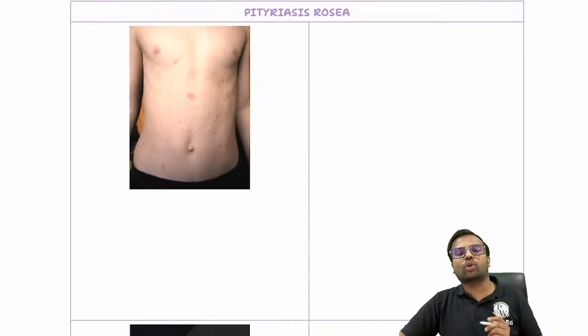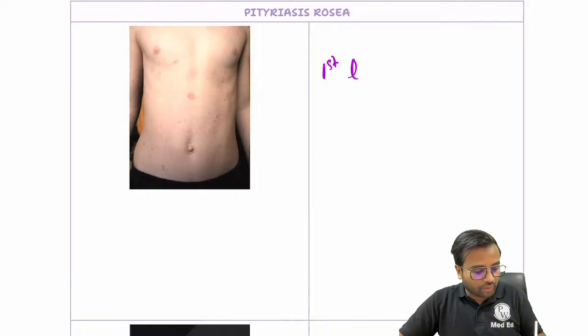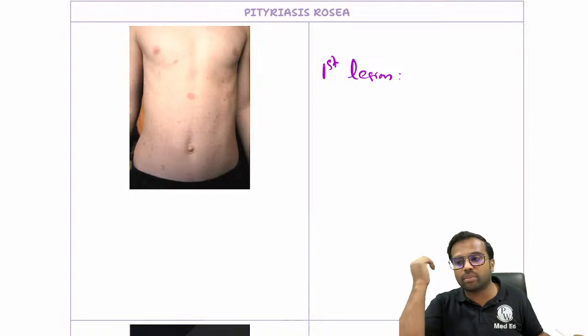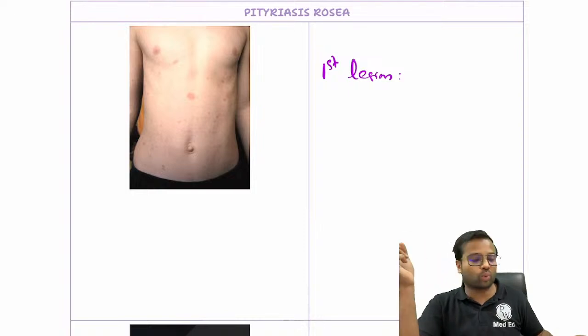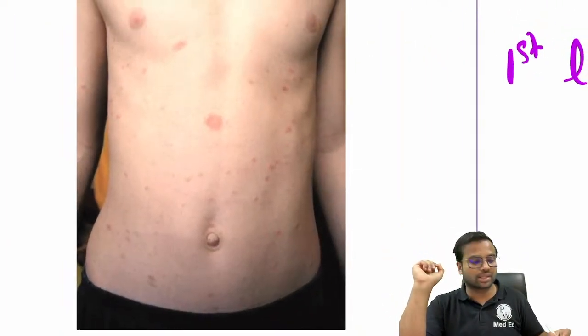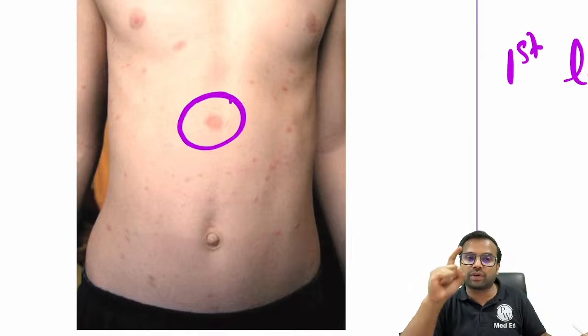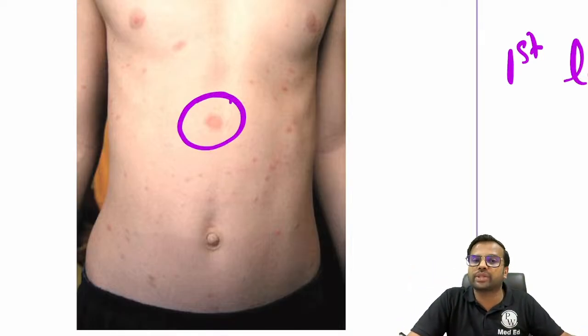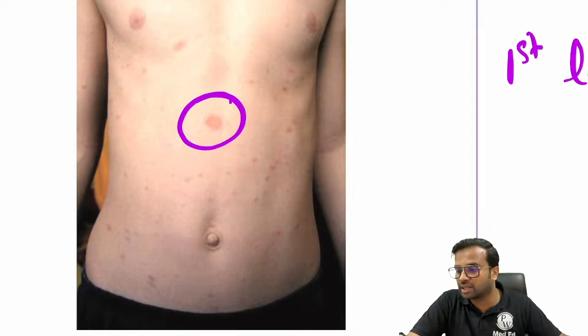So in Pityriasis rosea, I want all of you to remember what is the name of the first lesion. Now, who remembers the name of the first lesion? So when I see this image itself, I am easily able to find out what is the first lesion. I'll just zoom this. This is going to be the first lesion that the patient developed. So why am I so confident to say that this is the first lesion?